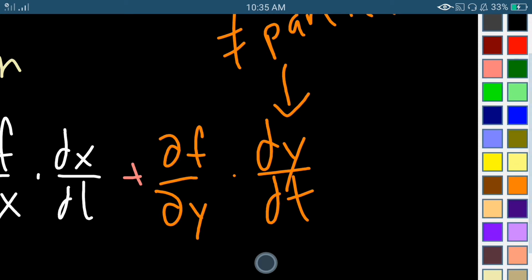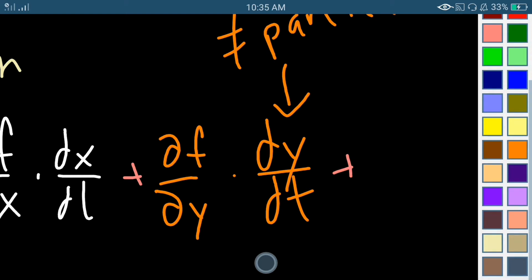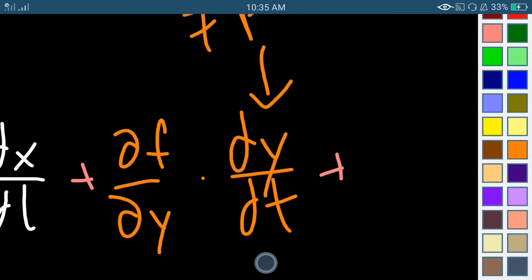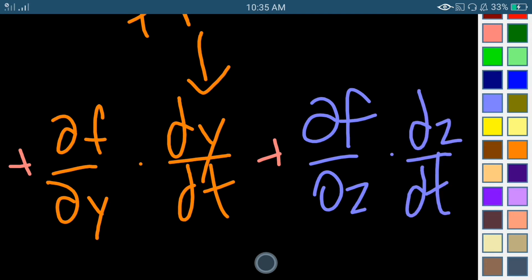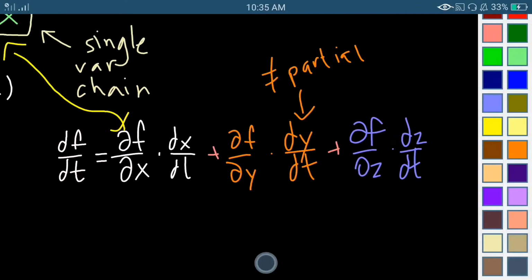And then we have plus this bad boy, partial f partial z times dz dt. So that is the multivariable chain rule.